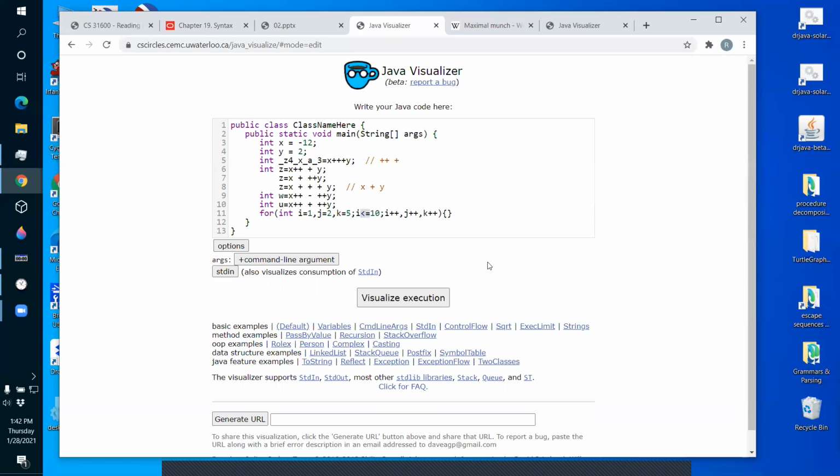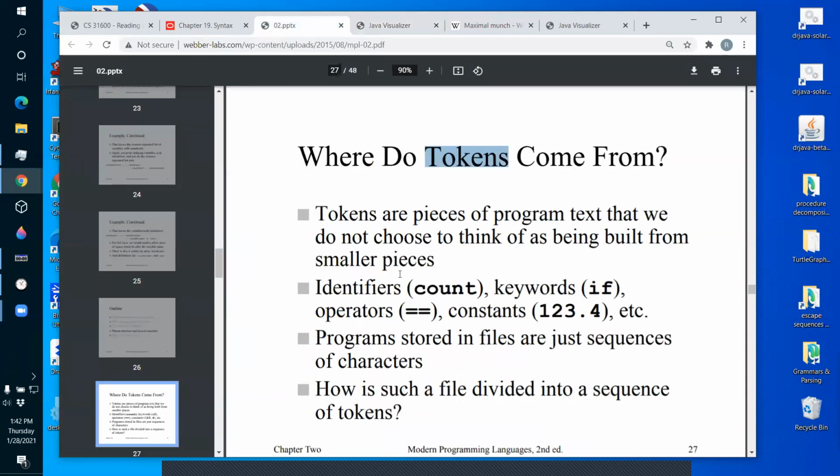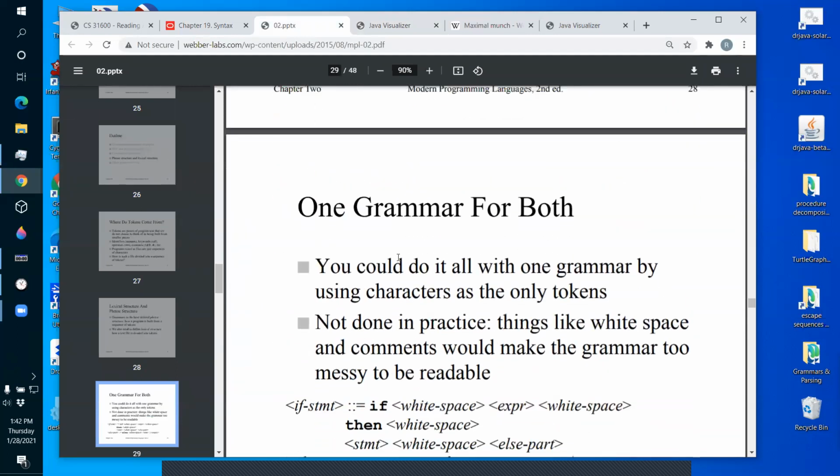Token, token, token, okay? That's a token by itself. That's a token by itself, okay? All right, so the first step of a compiler is to take your stream of characters and chunk them into a stream of tokens. So the first step of a compiler is something called the tokenizer.